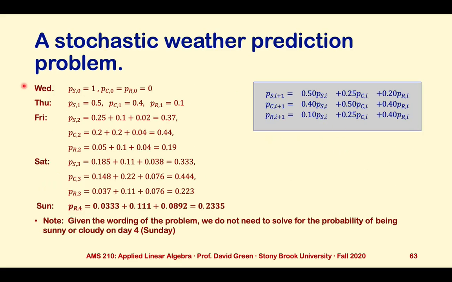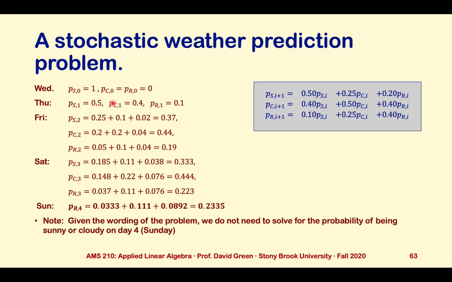Wednesday: the probability that it's sunny is 1, cloudy and rainy are 0. These were our equations that we're going to use to do the update. How do we find the probabilities on Thursday? We plug these numbers in. PS1 would be 0.5 times 1 plus 0 plus 0, or 0.5.